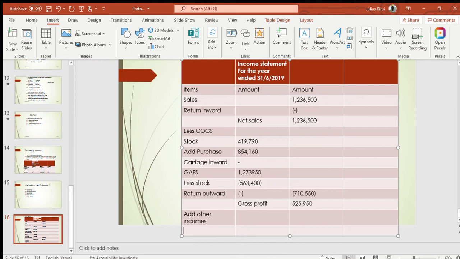But now the goods which have gone bad is worth 3,200. So are you making a profit or you are making a loss? Is it an expense or an income? Yes, it is an income. Remember we said when the trial balance provision for bad debts is more than the additional information, you get the income.